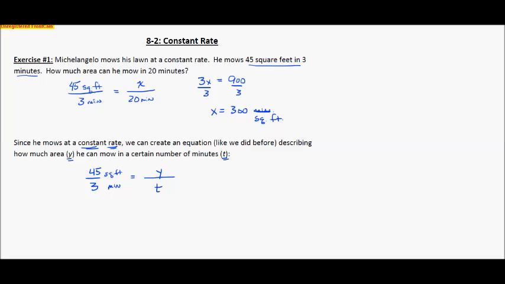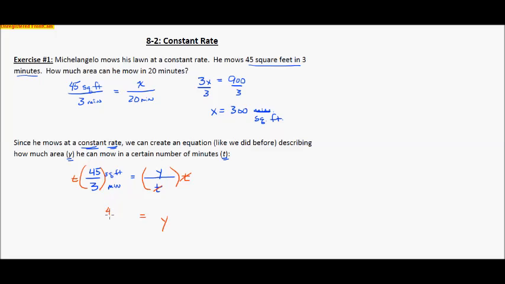In order to do that, I'm going to switch over to red here. I'm going to multiply both sides of the equation by t. When I do that, this is really t over 1 here, so these t's cancel and give me a y, which is square feet.